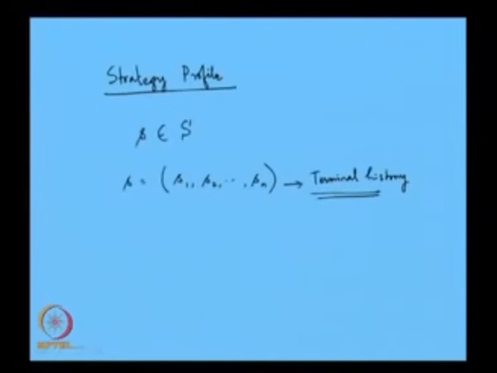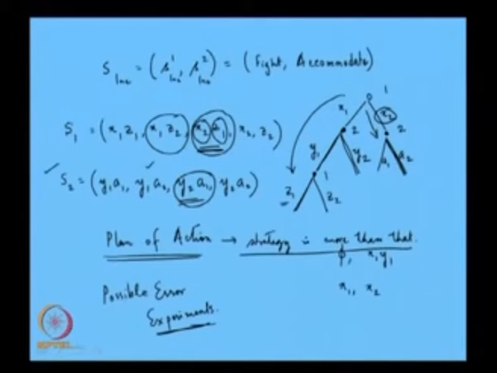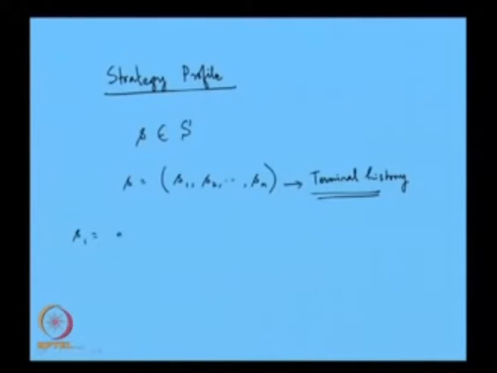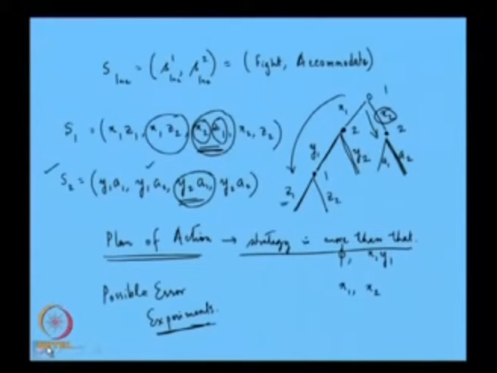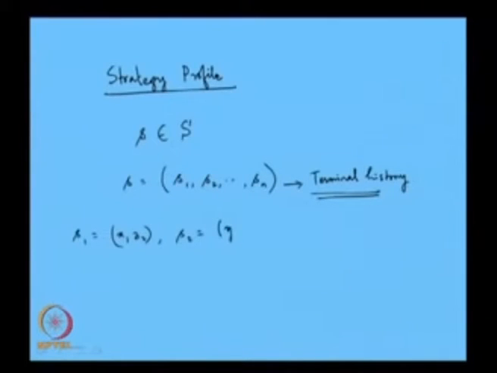So, s1 here is x1 z2 and s2 here is y2 a1. So, small s is x1 z2, y2 a1. I am claiming that from this strategy profile I can trace out a particular terminal history.